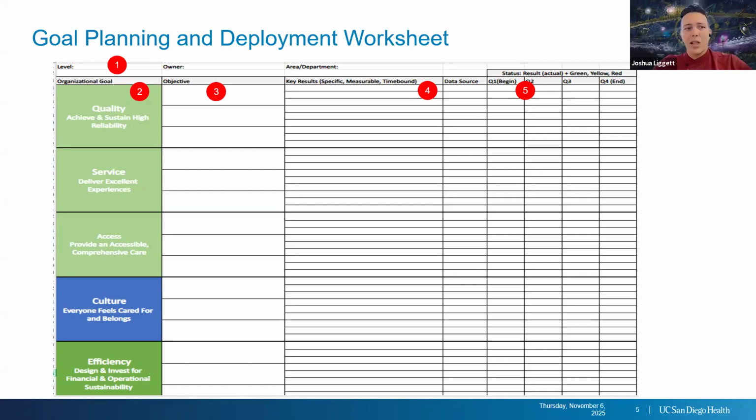Those are the ethos, and they should really inform the objectives that you're constructing and the key results. Those two pieces together form the metrics that you're following.